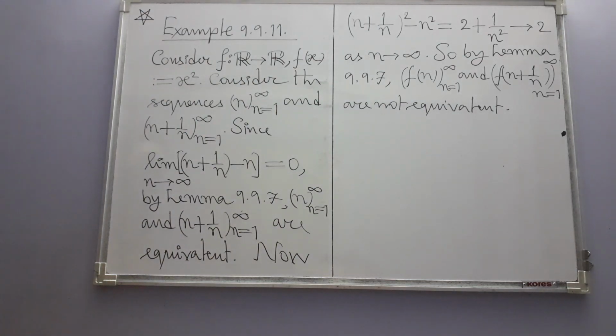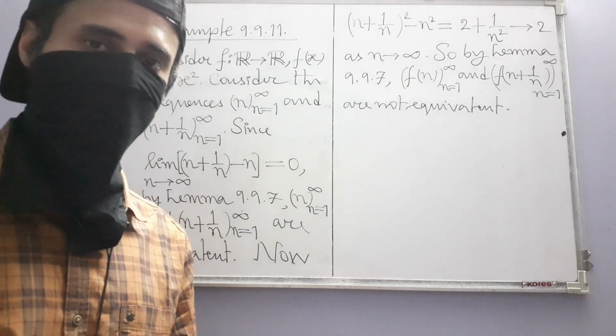So by our proposition, the square function is not uniformly continuous on R.